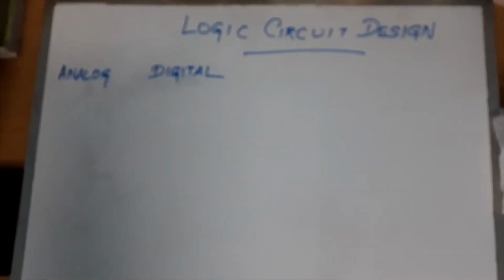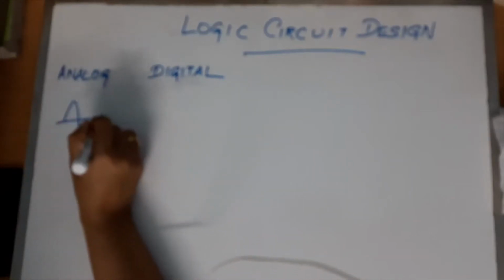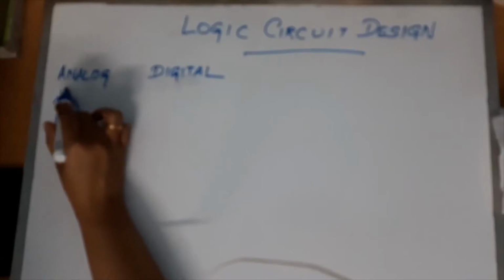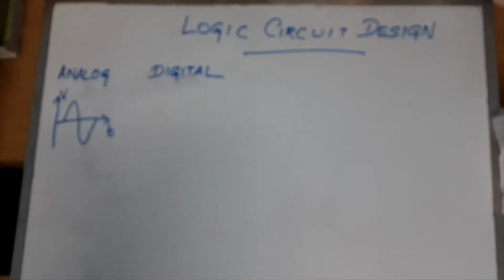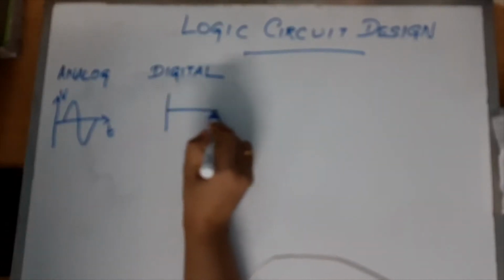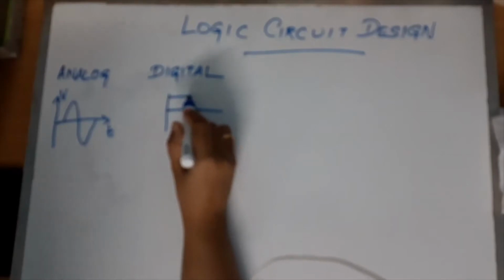Now, analog signals, you must be aware, are signals which change with time. What changes? Mostly voltage. A digital signal has a constant value for a particular amount of time.